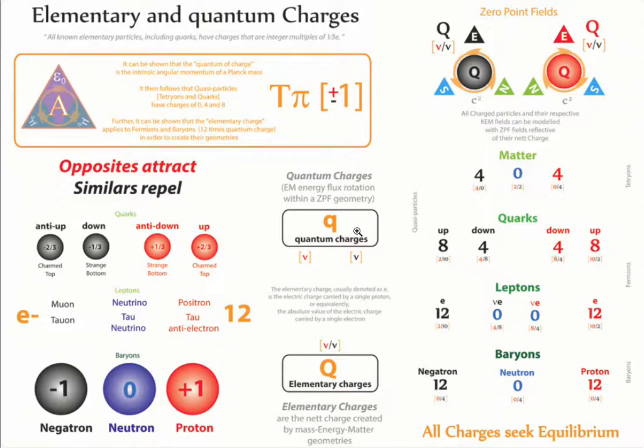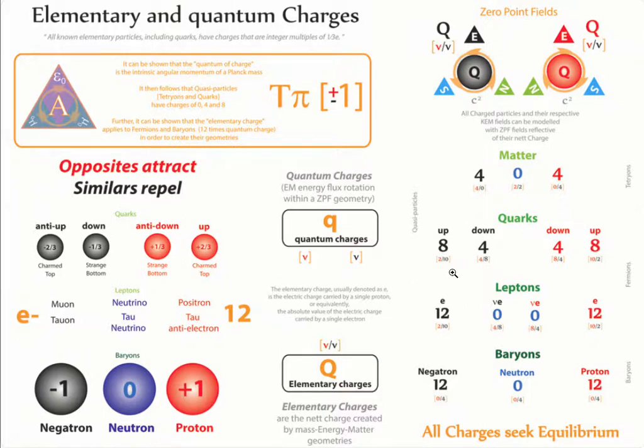Again, just to point out that the quantum charge, or the quanta of charges within each charged geometry, all add up to create a net charge, and this can be expressed either as a net tetraionic charge with integer numbers, or going back to classical quantum mechanics, we can express it as an elementary charge plus or minus 1 with reference to electrons and protons.